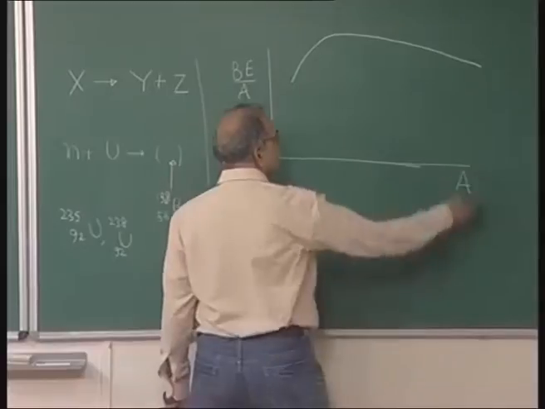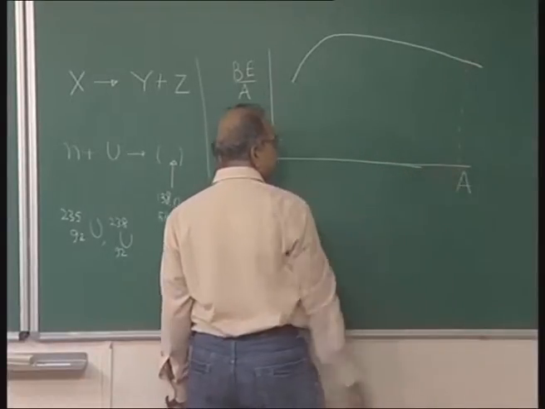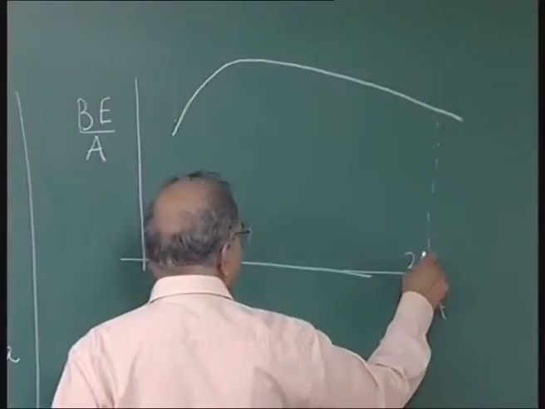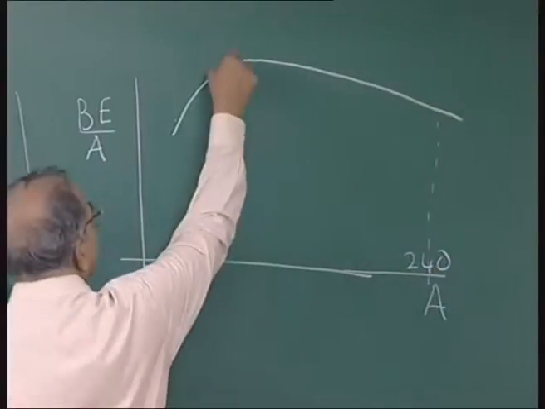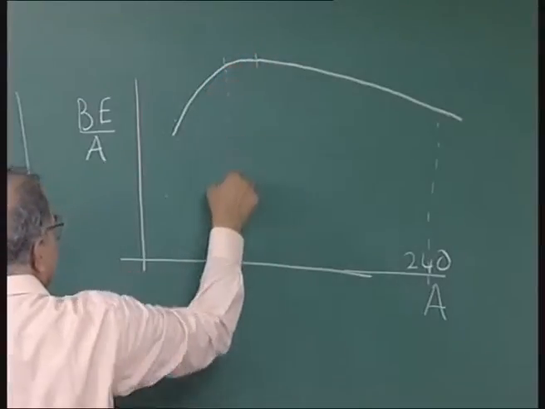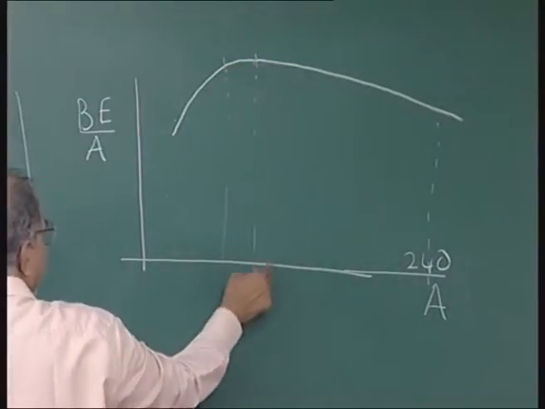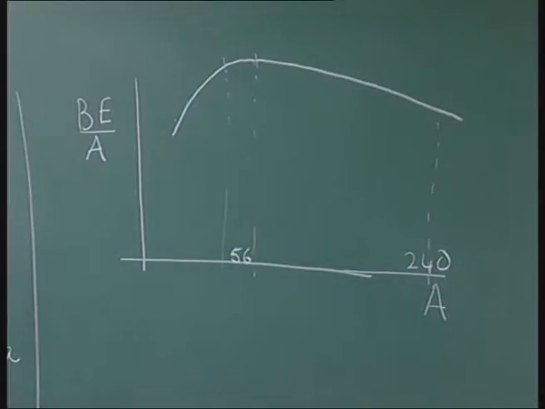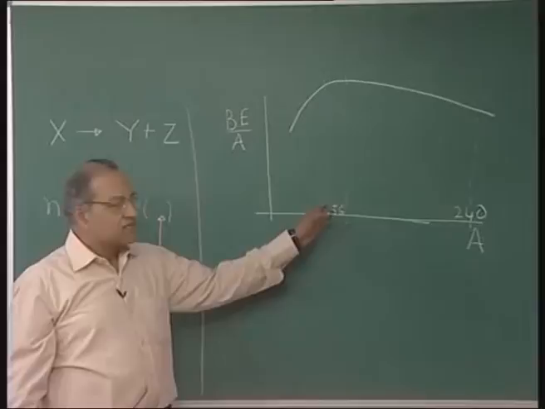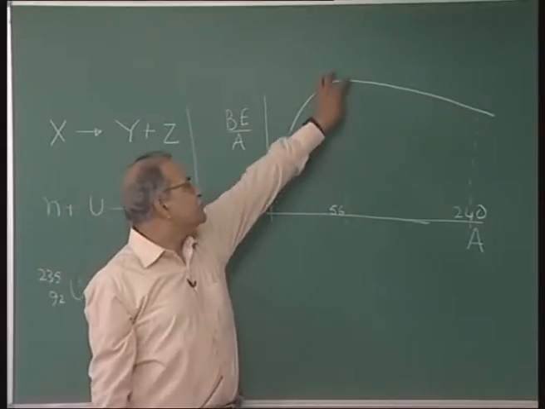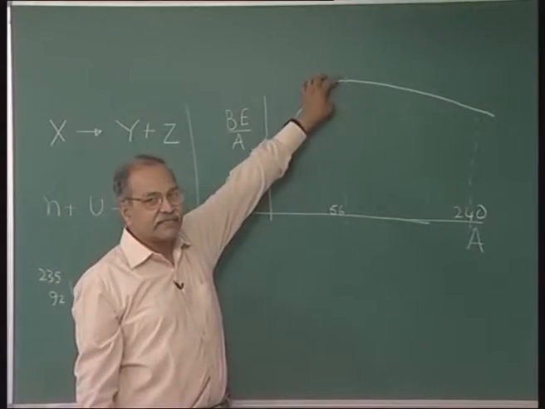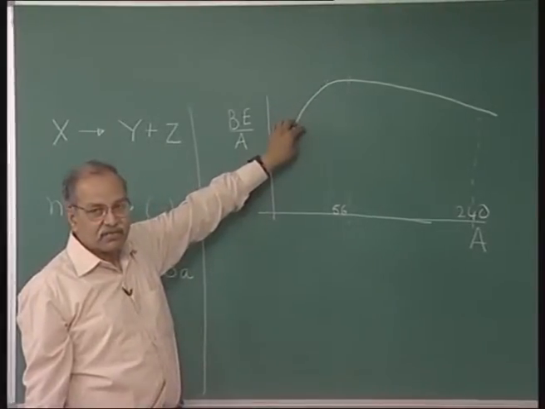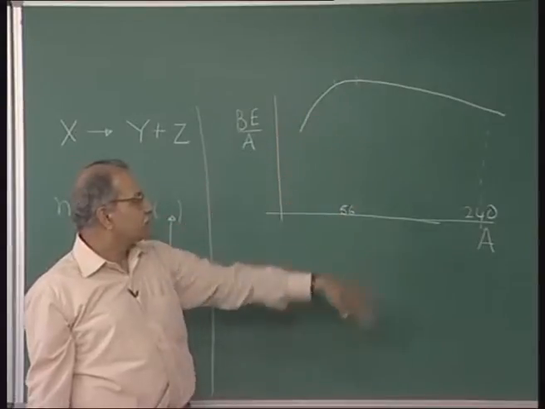This is how the binding energy per nucleon curve goes. This end will be somewhere around, let us say, 200, 240. The maximum, the most stable region, is somewhere around 50 to 60, 56 iron. So iron, cobalt, zinc are the most stable part, with the highest binding energy, and then for the lighter elements again you have smaller binding energy per nucleon.